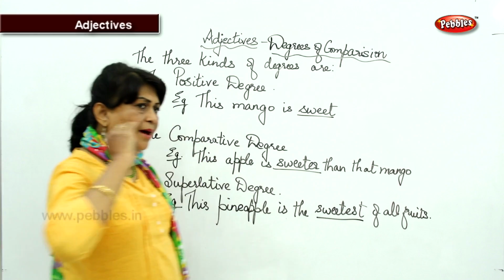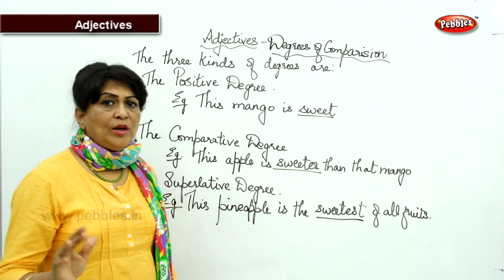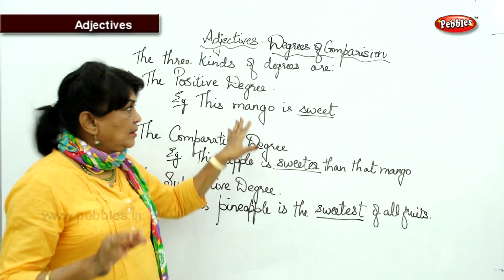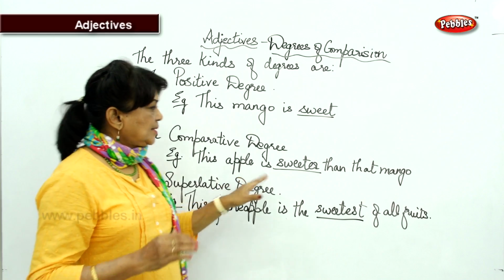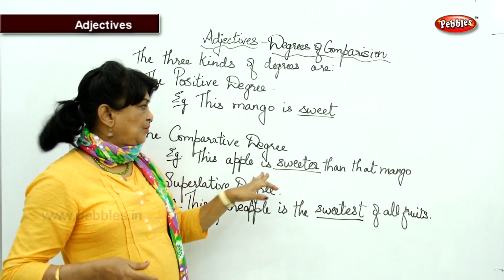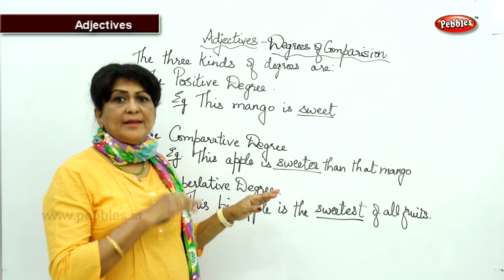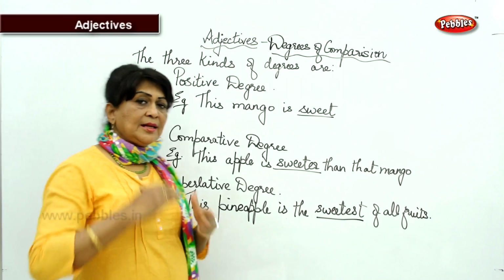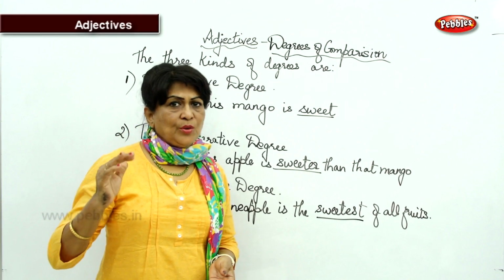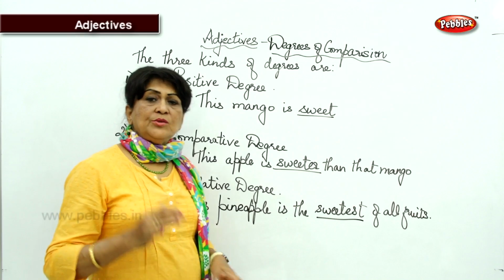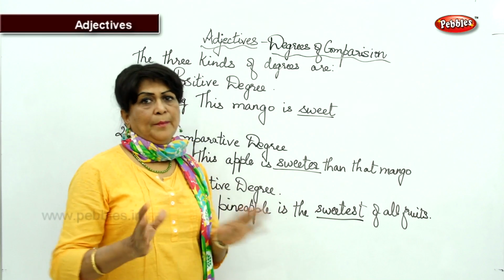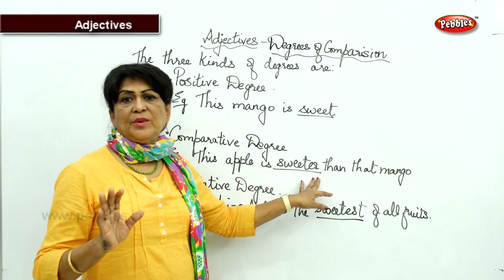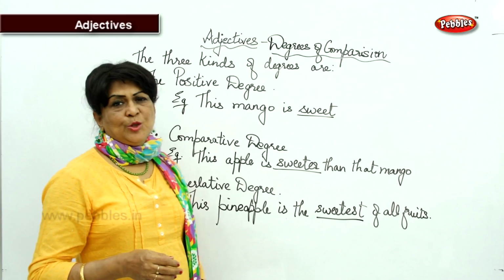So it is the highest degree of quality. This is the simplest degree of quality. This is the comparative degree of quality when it compares to the other and it is better than the previous one. And superlative degree is the highest degree of quality, and it is used when more than two are compared. When only two are compared, only till comparative we can have, we cannot convert it into superlative degree.